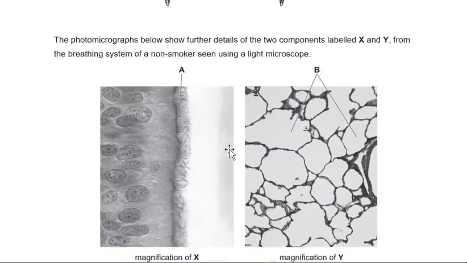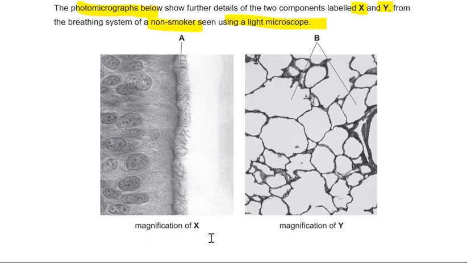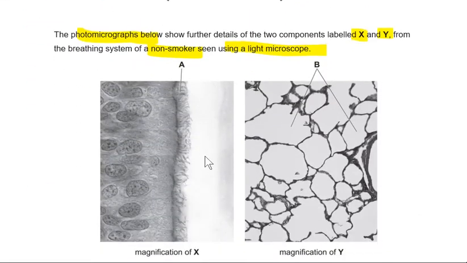Okay, so moving on from that, there are photomicrographs here that show components labeled X and Y from the breathing system of a non-smoker as seen under the light microscope. So you can see over here X and Y, and X is found in the trachea, and Y is found in the lungs.